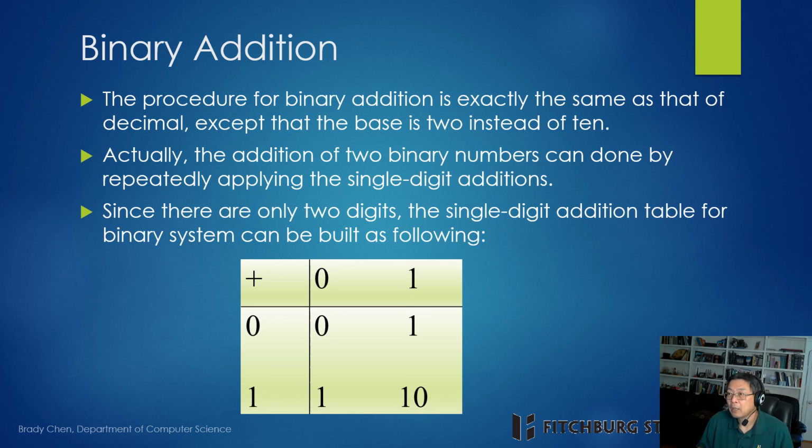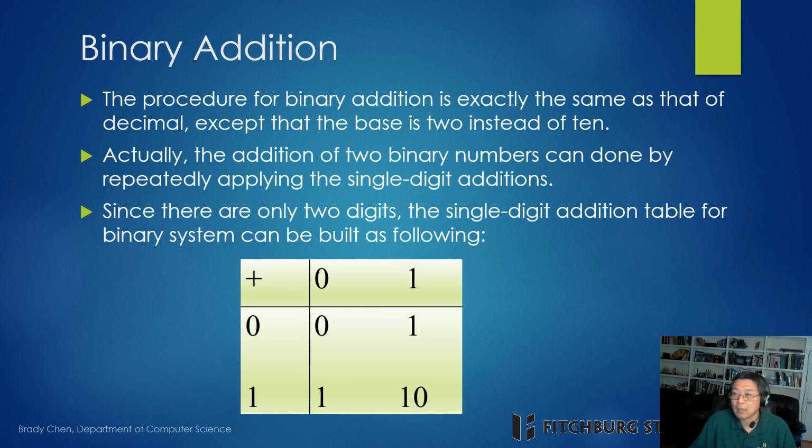Actually, the addition of 2 binary numbers can be done by repeatedly applying the single digit additions. This is just the same as the decimal.